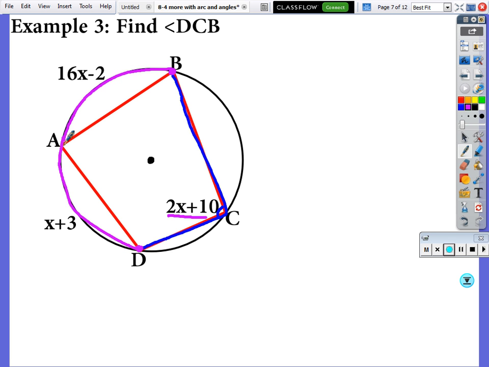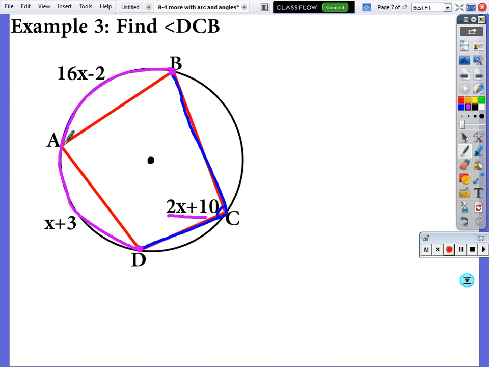So there's its intercepted arc. Do we know a lot about its intercepted arc? We know that it's x plus 3, that portion of it, but we need all of it. So we also know it's 16x minus 2. So the entire arc would be this amount plus this amount, right?